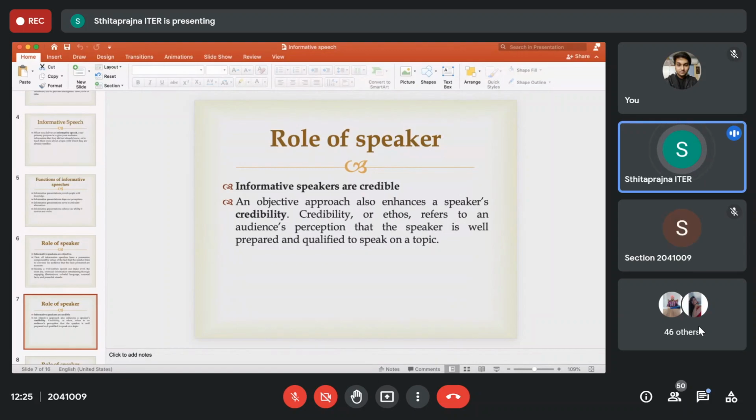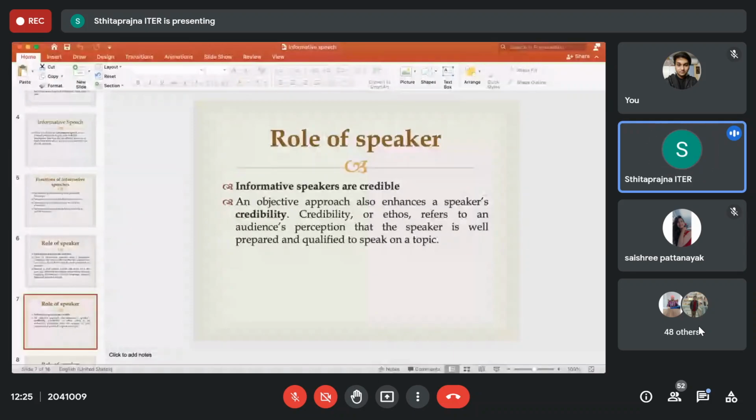So credibility, trustworthiness, co-orientational view of argumentation. This is a very important aspect of public speaking, or else all your preparation, all your logic, everything fails if your audience doesn't trust you. If they think you are not the right person to talk, you are not the person qualified enough to talk on a certain aspect.